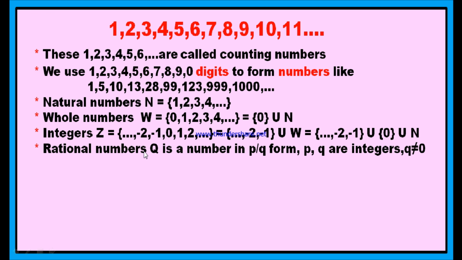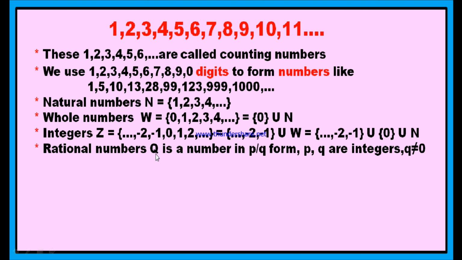A rational number is a fraction form p by q, numerator by denominator, where both numerator and denominator should be integers and the denominator should not be 0. Such numbers are called rational numbers, and these are represented by the letter Q.